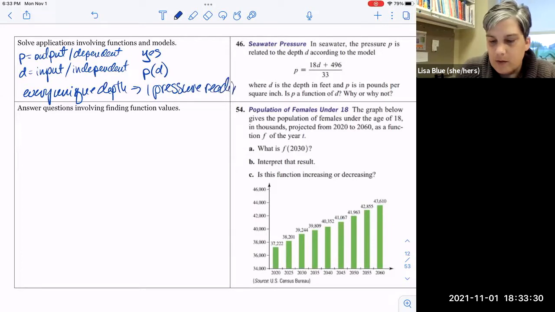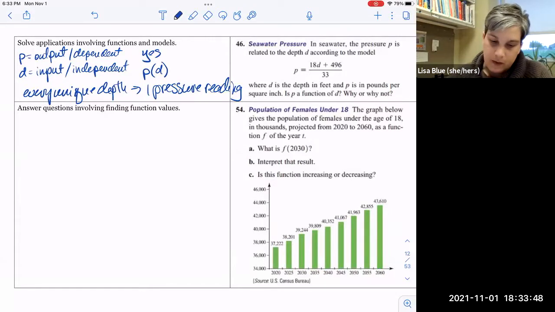So it goes back to those domain and range maps like I drew out, where I was showing one input going to one output, two inputs going to one output, but never one input going to two outputs.